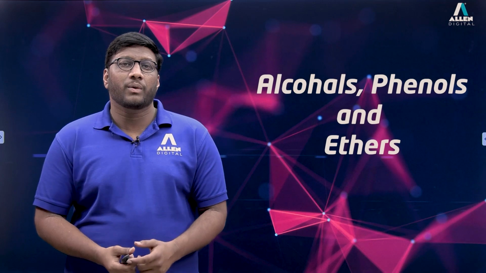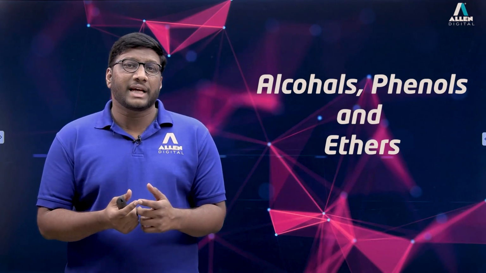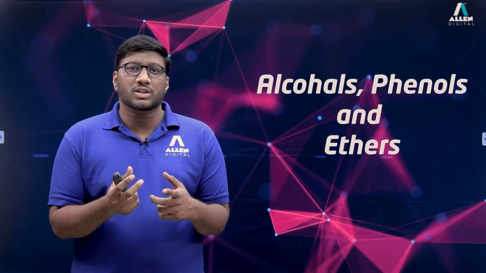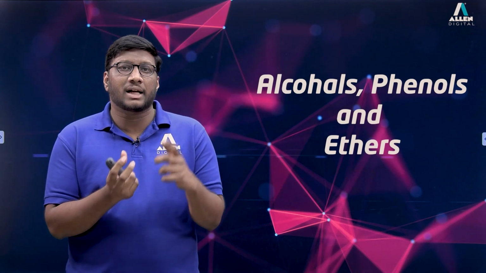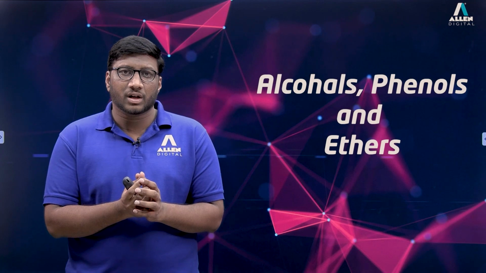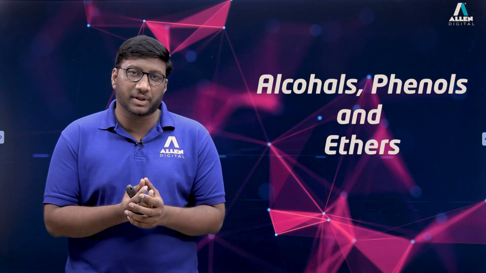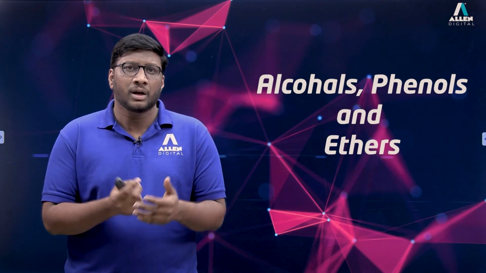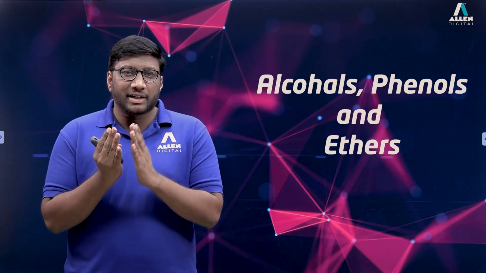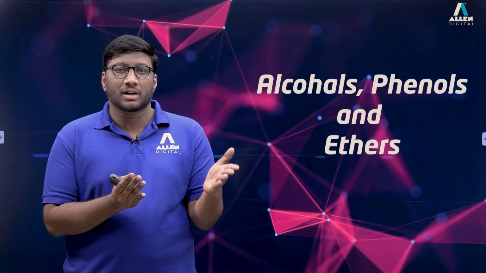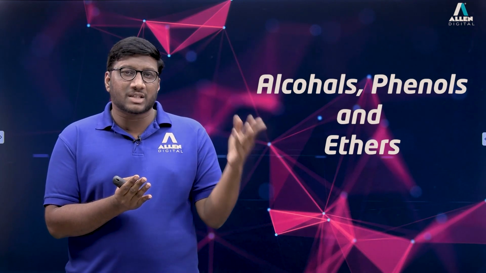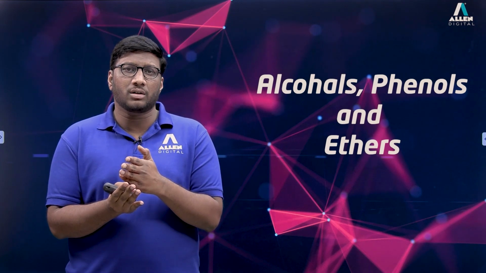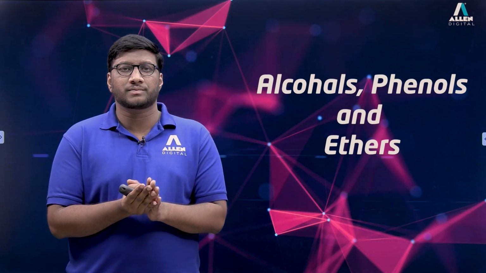In this video, we have seen how dehydration of alcohols is done. In the dehydration of alcohols, what are the reagents used, what is the catalyst used, and what type of products are obtained. So if you try to summarize what we have studied, we have taken an alcohol and treated that alcohol with an acid. The H plus ions we obtain from the acid react with the OH group of the alcohol to form a protonated alcohol.